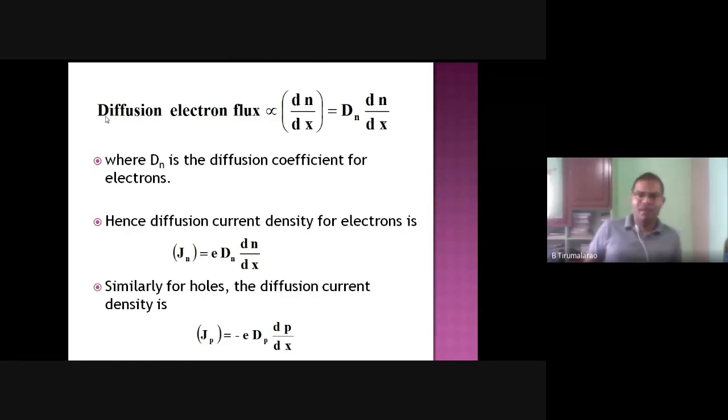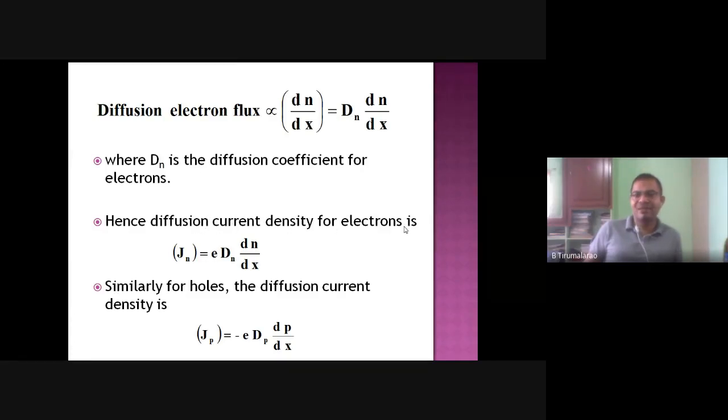As well, we can also write the diffusion hole flux. So this is the flux due to the electrons.